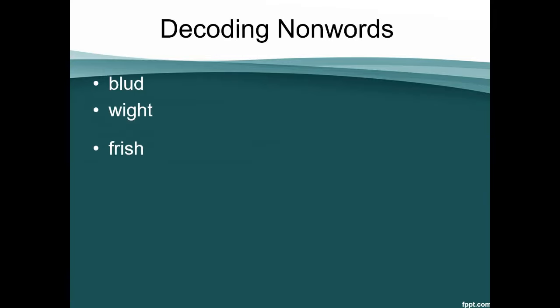Now let's look at these words. Read them to yourself or out loud. Now you might be thinking these words definitely don't look like words you've ever seen before. Well, that's because they're words that don't exist. But they do follow our rules of English, and so students should be able to read them.